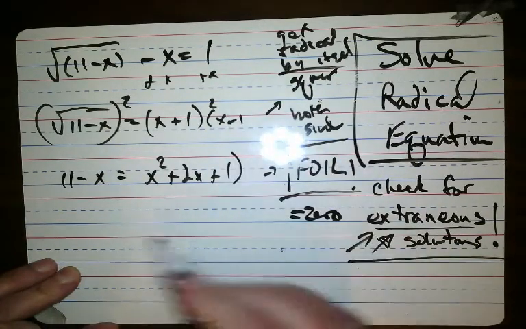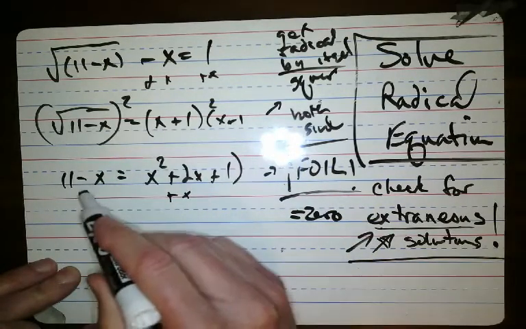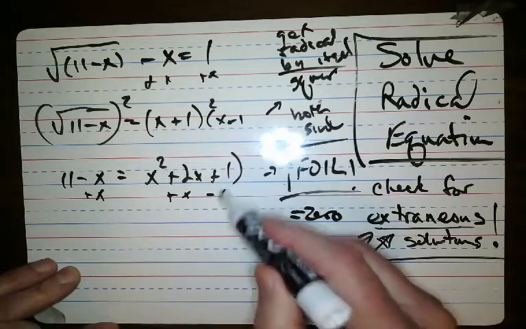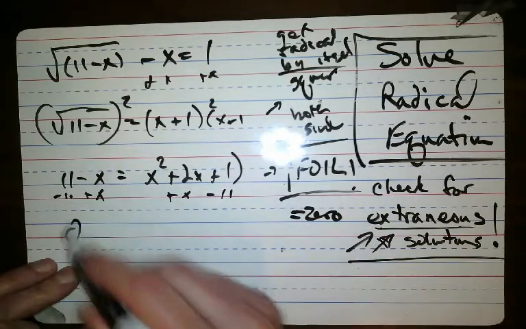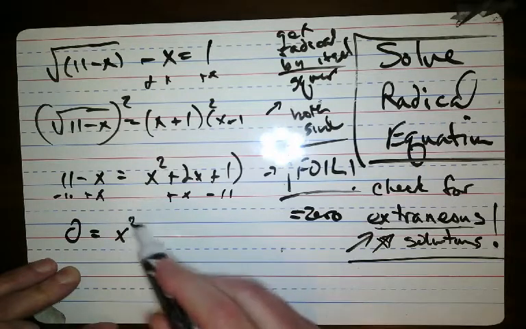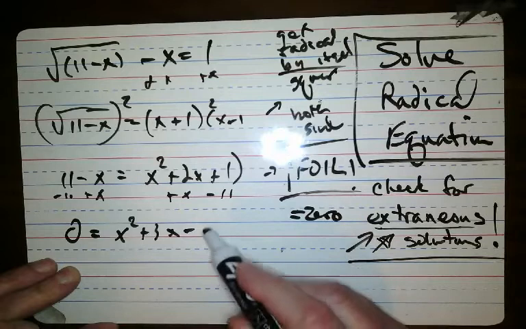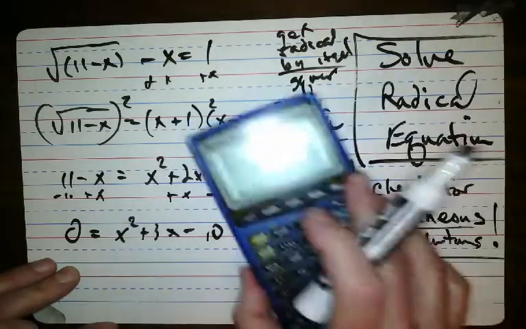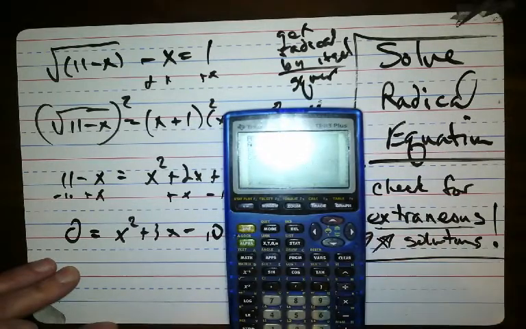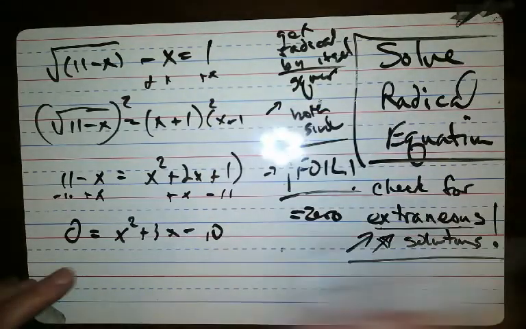So I have to add x, and I have to subtract an 11. Alrighty. Now I got 0 over here where I want it. x squared plus 3x minus 10. Look at that. Okay. Quadratic formula to the rescue. 1, 3, -10. 2 and -5 again.